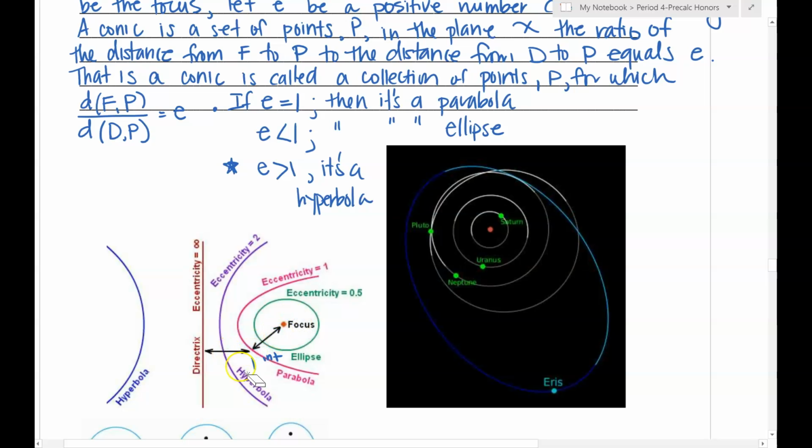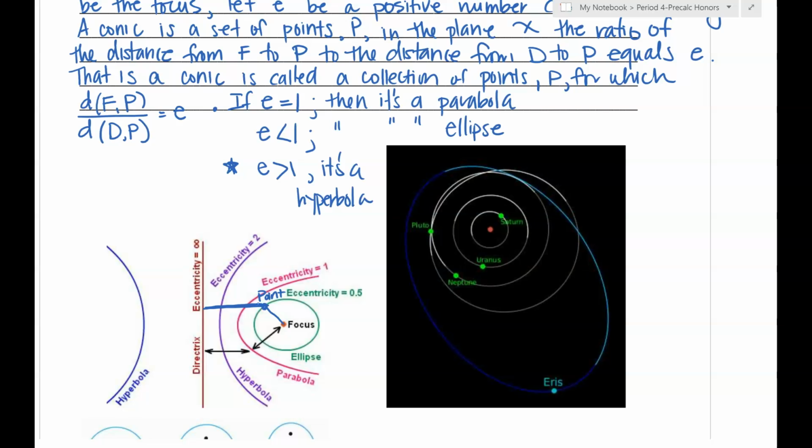Now, if it's less than 1, so let's say this is your point, okay? From the focus to the point, take that and then divide by the distance from that same point to the directrix. If it's less than 1, then it's going to give you an ellipse. And in a little bit, I'm going to talk to you guys about why we don't do a circle on here.